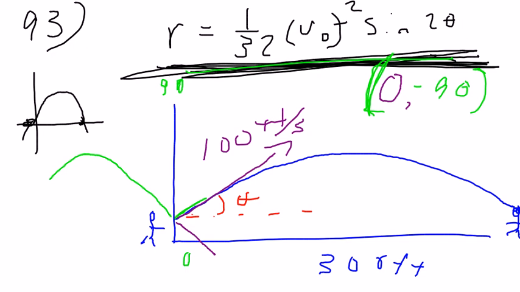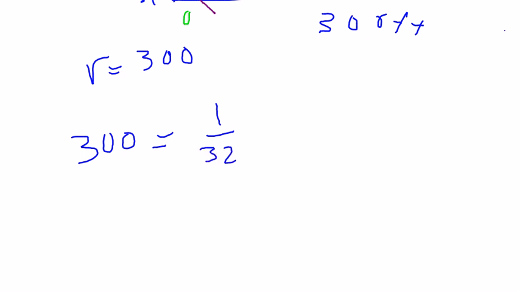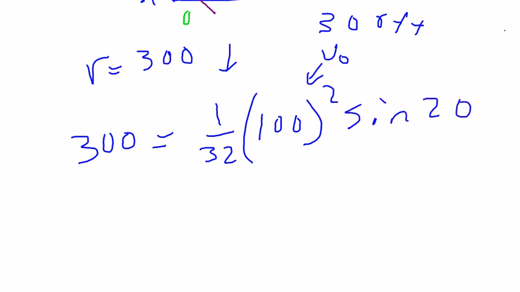So how would we solve this problem? Well, I would put it right into my calculator. R equals 300. So I would set up the equation: 300 equals 1 over 32, and this is actually the gravity constant, times 100 squared, and this is the initial velocity right here, times sine of 2 theta.